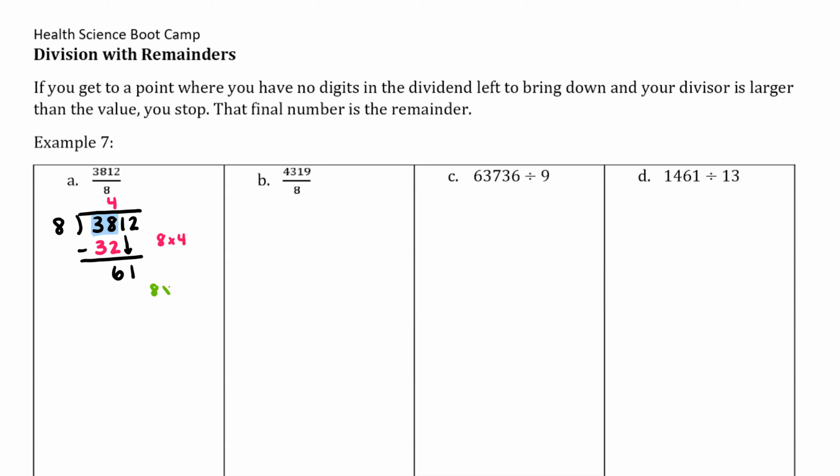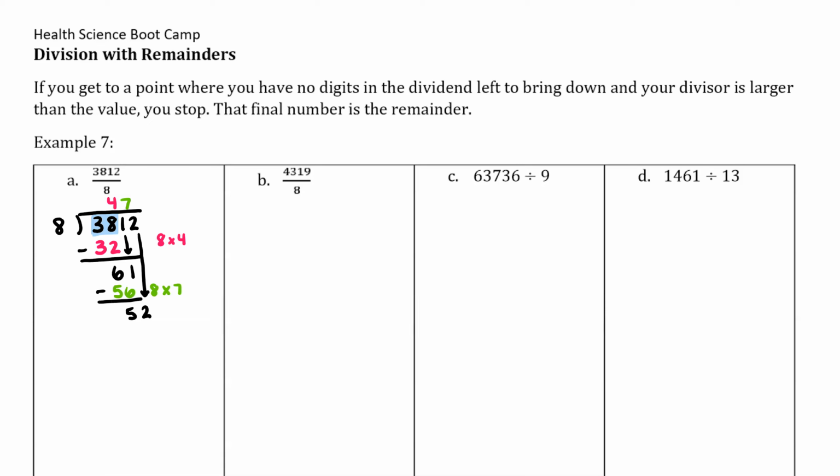Well, 8 times 7 makes 56. So 7 is going to go upstairs as part of your answer, and 56 is going to go underneath as subtraction. So 61 take away 56 is 5. And I still have one more digit all the way over there to bring down. It's a 2.